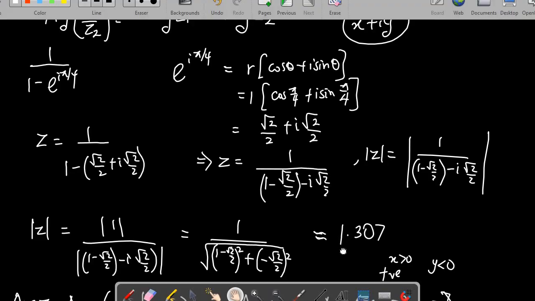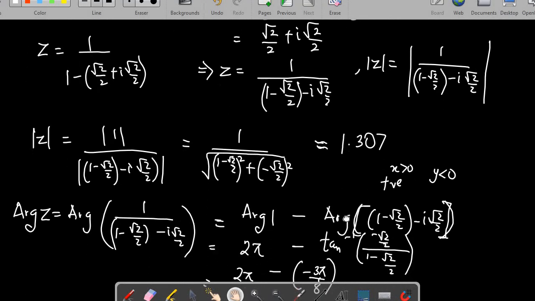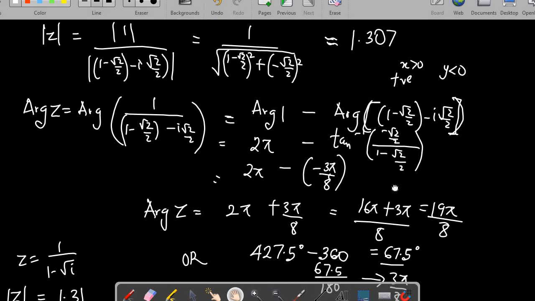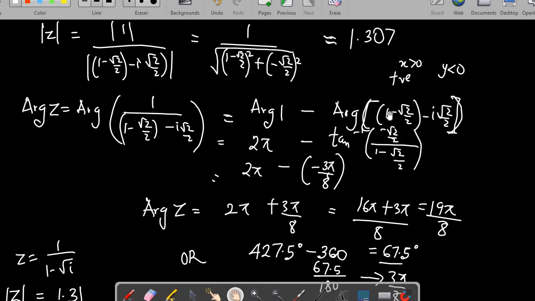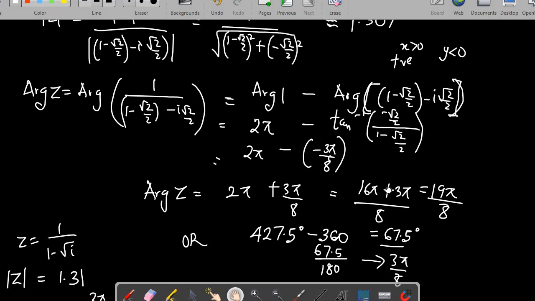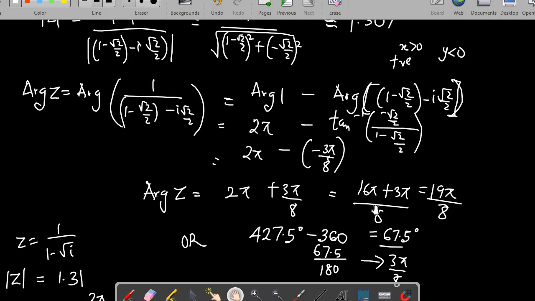You also can go over it. Okay. 1.3. And the argument is arg of 1 minus the argument of this. The argument of 1, being 1 plus 0i, is just 2 pi.